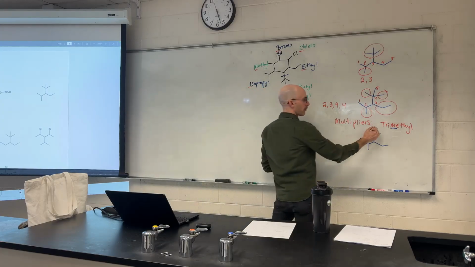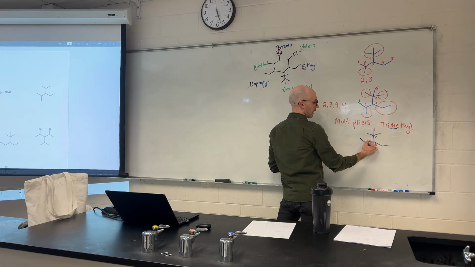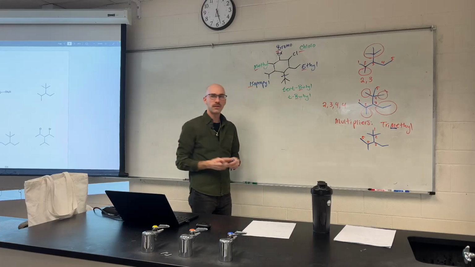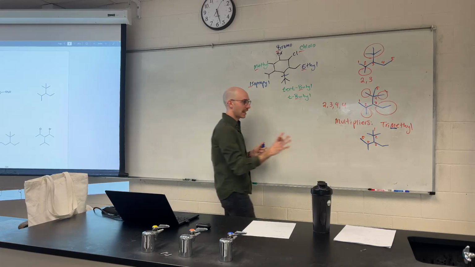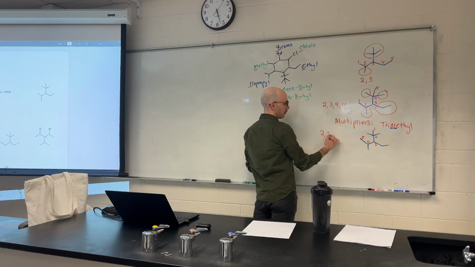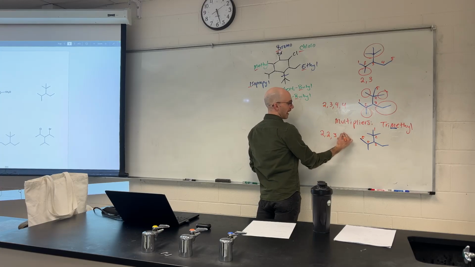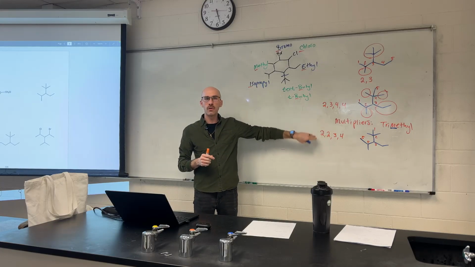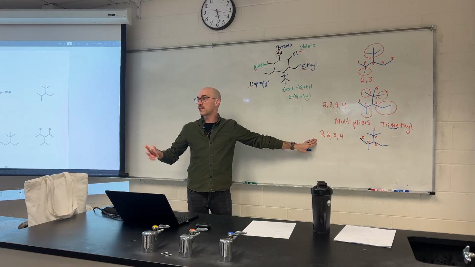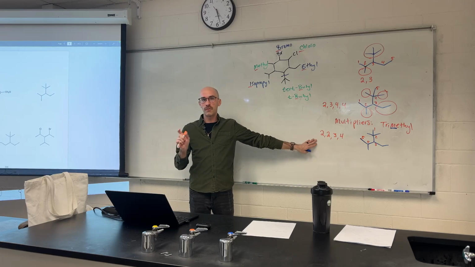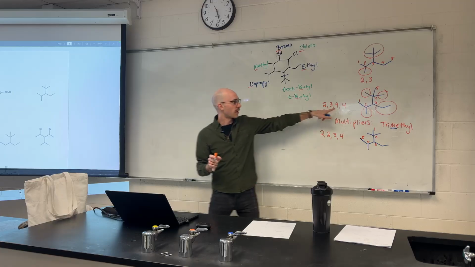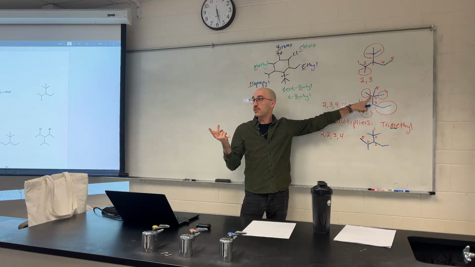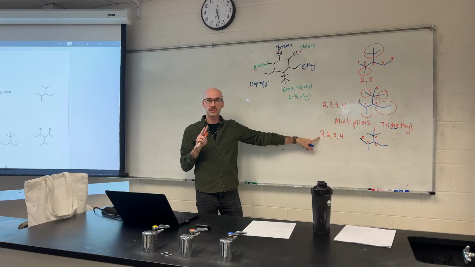But if I start numbering from the top of this chain and I number backwards, the locant set that I have for the same compound has a methyl at 2, a second methyl at 2, an ethyl at 3, and a methyl at 4. These are what we call the locant set. It's just a list of every position that has something coming off of it. And every time something comes off of a position, it's listed. Which is why position 4 is listed twice, because there are 2 things coming off of it. And it's why position 2 is listed twice, because there are 2 things coming off of it.